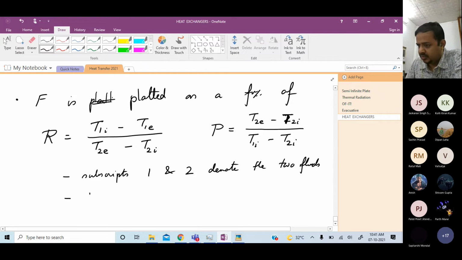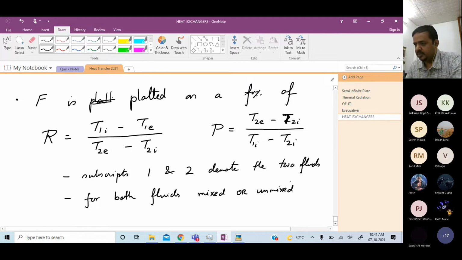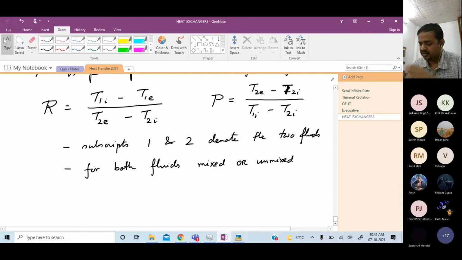Now this is important. For both fluids mixed or unmixed, which is cases 1 and 3, right?